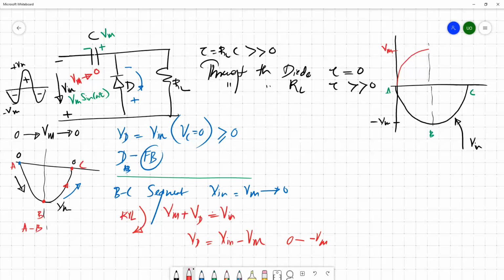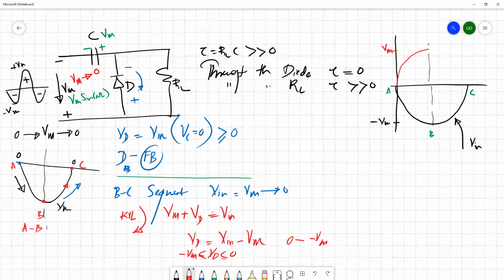So during this block, your Vd is in between minus Vm and 0.